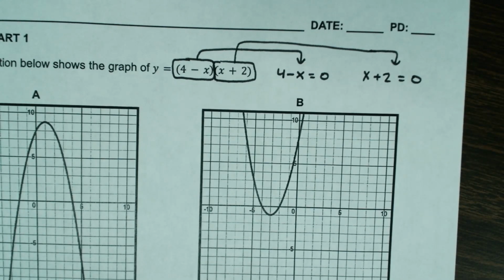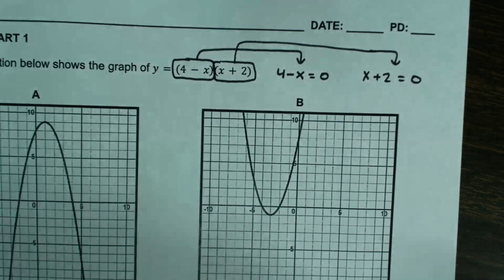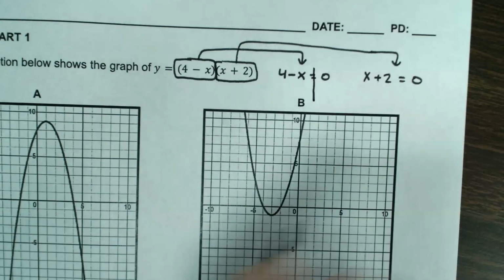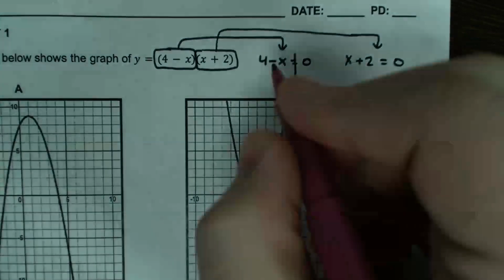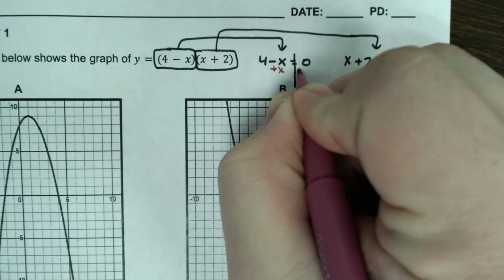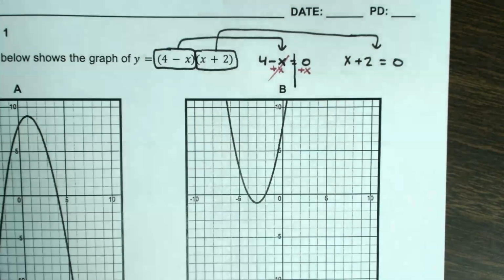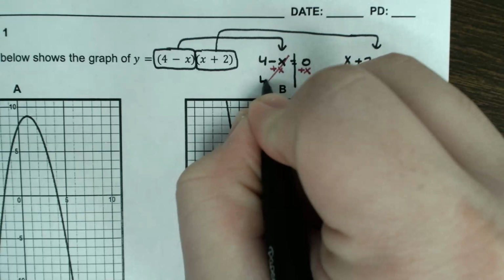And those are both pretty easy equations to solve. They take one step each. The first one, 4 minus x equals 0. If I add x to both sides, boom, the equation's solved. I get 4 equals x.